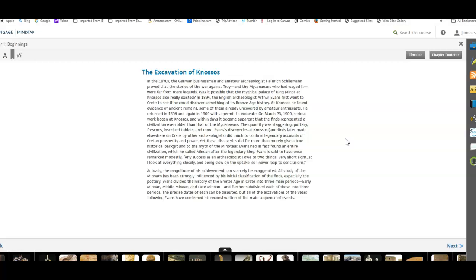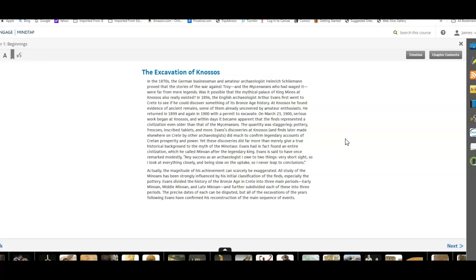So Evans was really happy, and he called it the Minoan culture after King Minos, which is in a Greek story. Were they actually Minoan? That probably is not the name they went by, but we don't really know. We don't have any depiction of how they identified themselves. Part of it is that the language has never been deciphered.